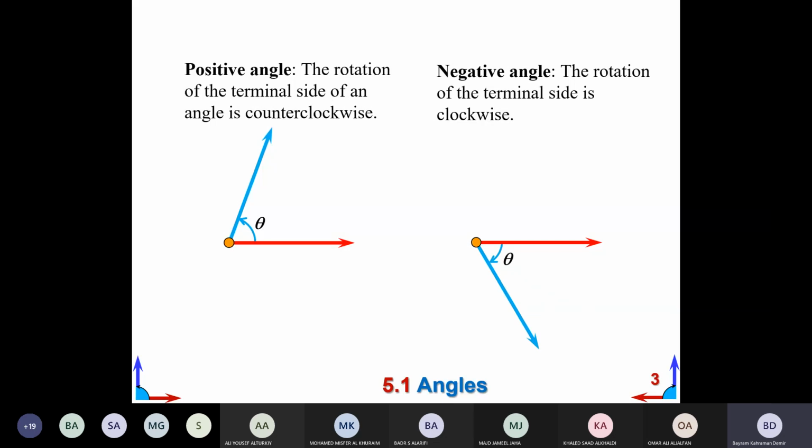It's just a matter of the direction of rotation, Shabab. Opposite the clock is positive direction, positive angle. Just like the clock will give you the negative angle. That is why we call it positive angle and negative angle. It depends on the rotation, Shabab.